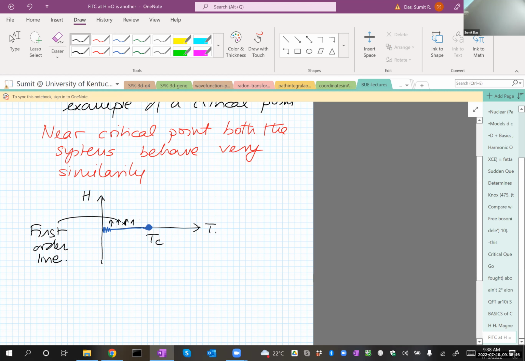For temperatures below the Curie point and a magnetic field which is 0, the system cannot really decide whether all the spins, by spins I mean these dipoles, are going to be up, or all the dipoles are going to be down. Both have exactly the same energy and the same free energy. And the system, depending on tiny initial conditions, decides whether it's going to be up or down. This is an example of a very important phenomenon in physics, which is called spontaneous symmetry breaking.